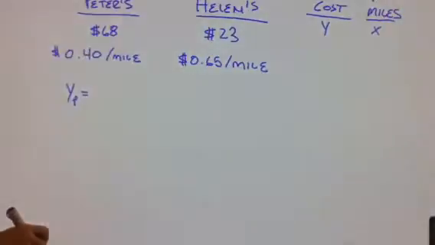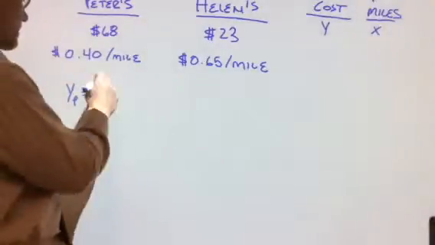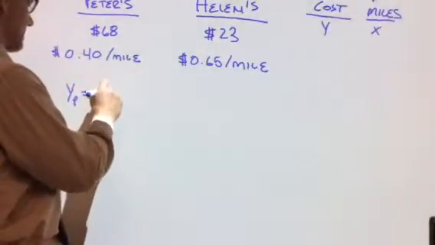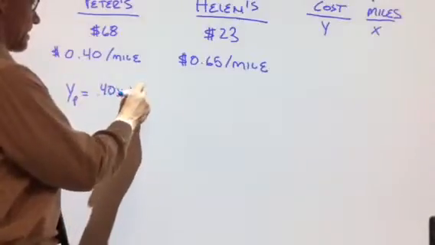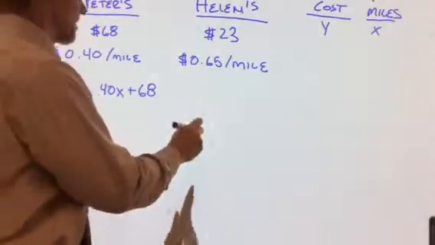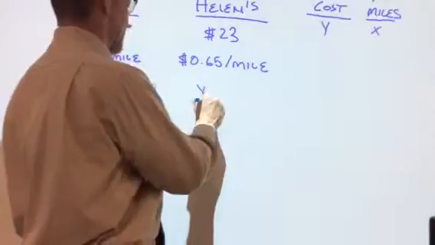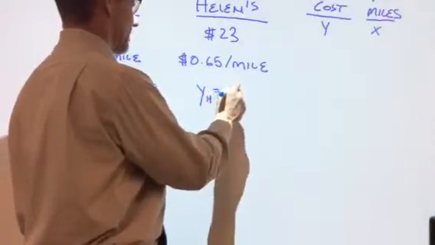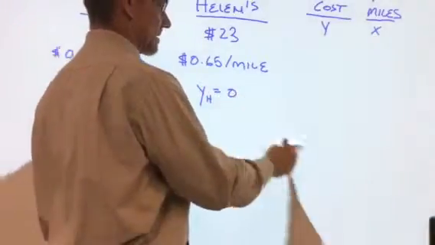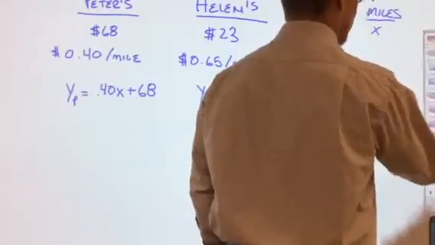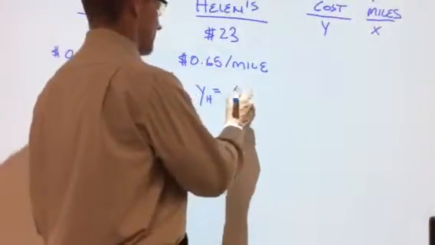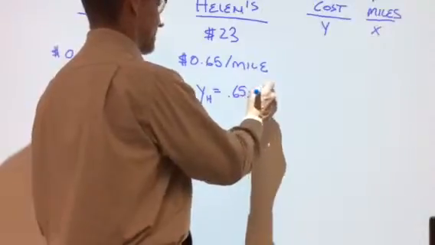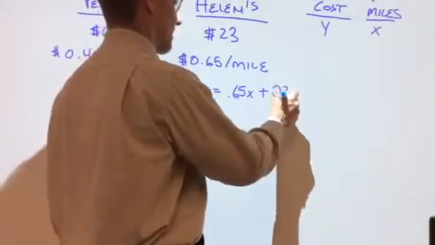So our cost in the first case is dependent upon miles, and it's going to be 40 cents for every mile we drive plus $68. In the second case, Helen's cost is going to be 65 cents for every mile we drive, and there's no rhyme or reason to the fact that I'm leaving out the zeros, but 65x plus 23.